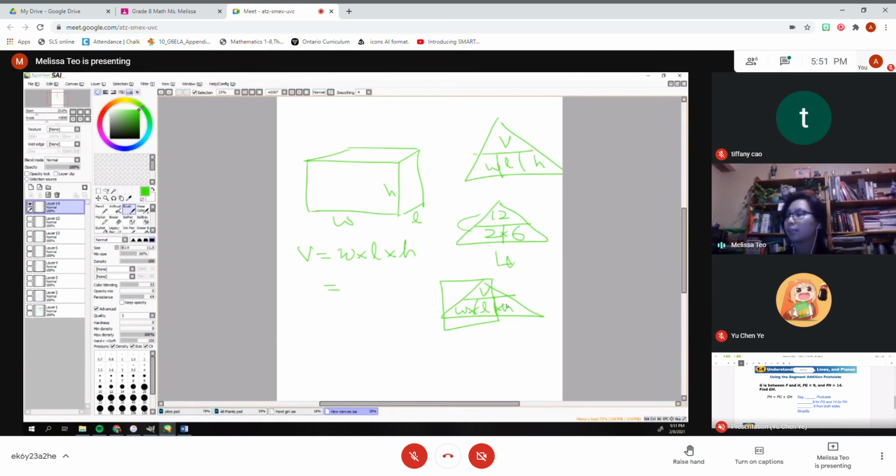If we divide the volume by length times height, it will give you the width. If you divide the volume by width times height, you will get the length. Does that make sense? Yes. Okay, it's going to work for all formulas, okay?